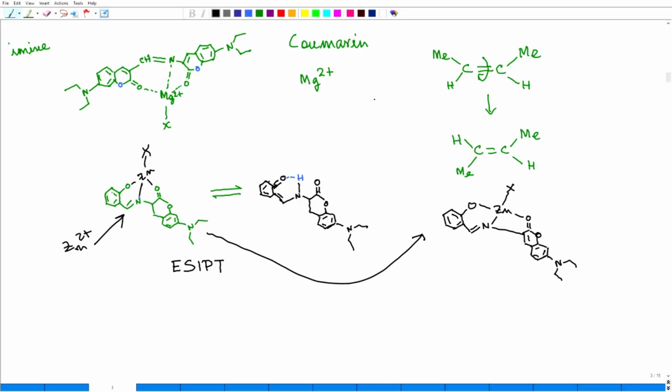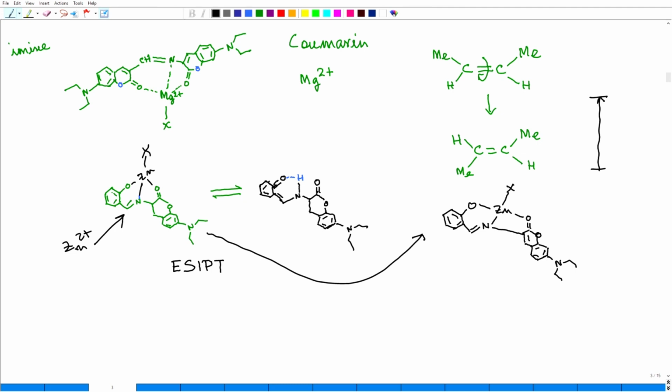From ground state to excited state, I have to stop the deactivation pathway. Only then will I see strong fluorescence, because it has to come down giving fluorescence. So, this is another mechanism.